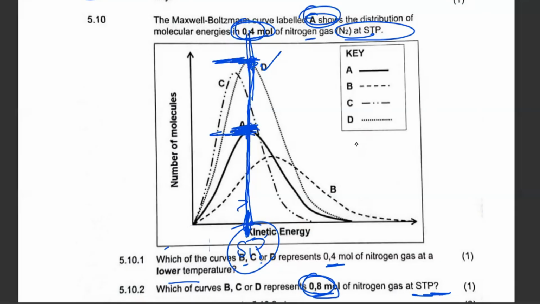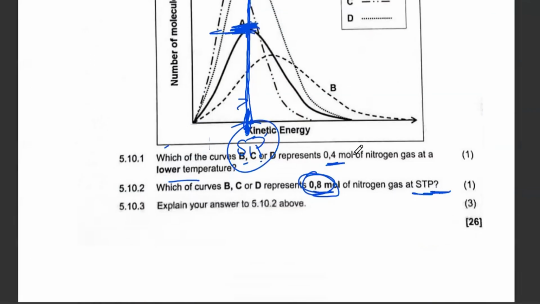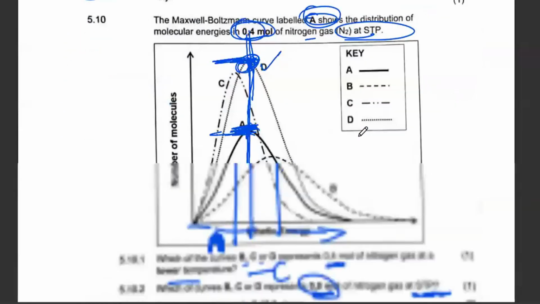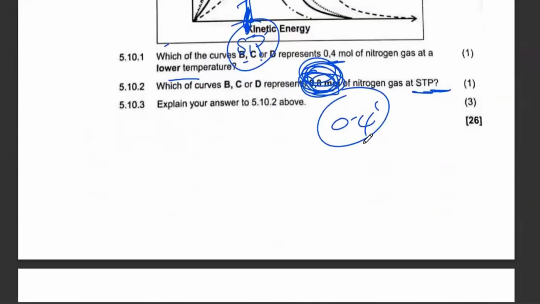That means you can say it is large enough, showing that the amount of nitrogen gas is much larger, double, because the first one was 0.2. So the amount of nitrogen gas is a little bit larger. So that is it, and we get our 26 marks.